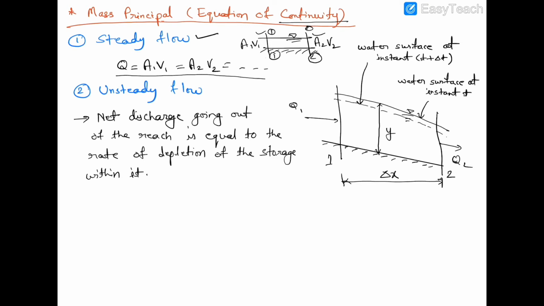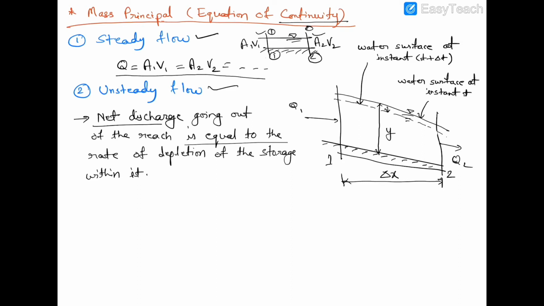Next we consider unsteady flow. In the unsteady flow of incompressible fluids, if we consider a reach of the channel, the continuity equation states that the net discharge going out of the reach is equal to the rate of depletion of the storage within it.